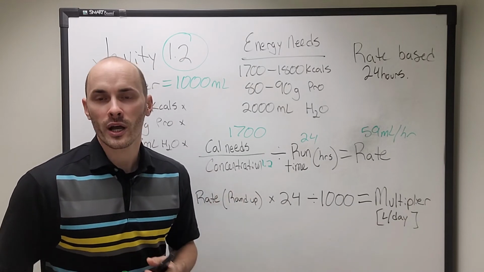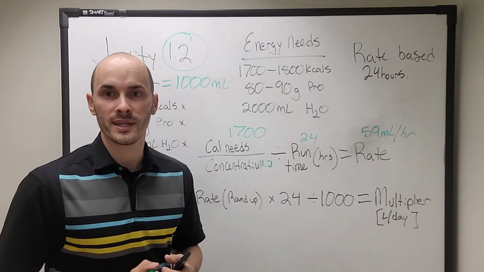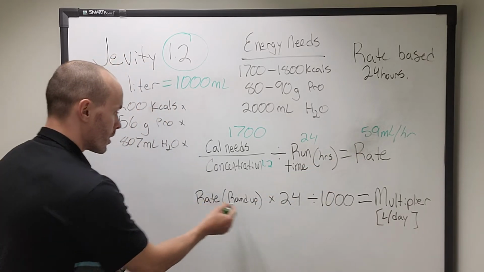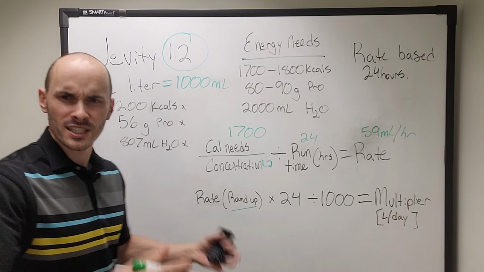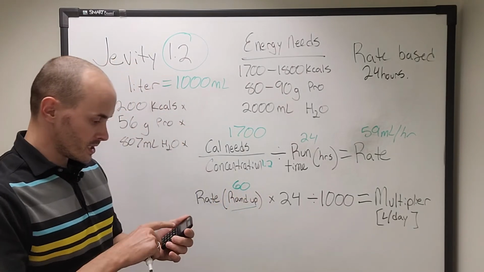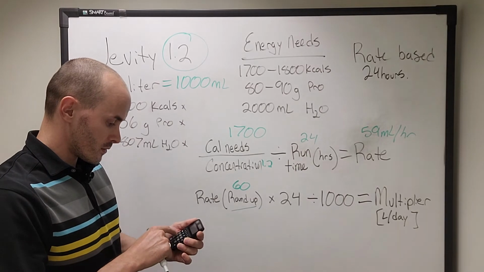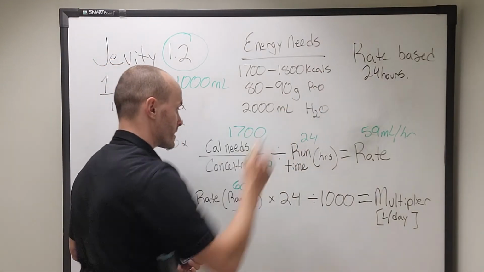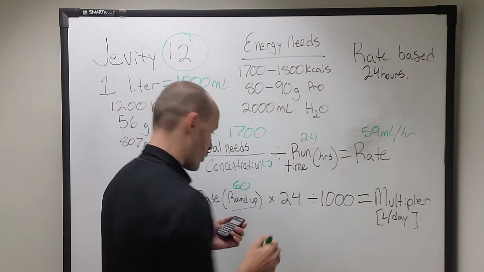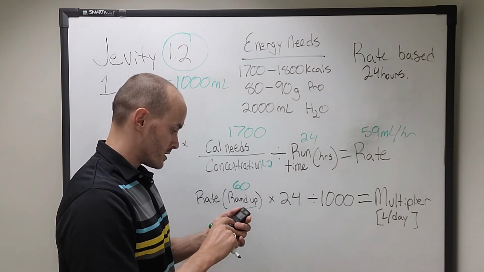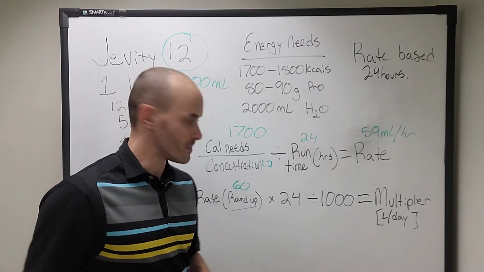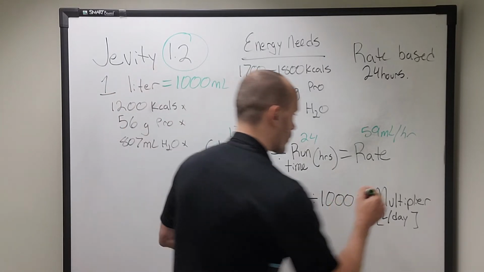But again, we're not going to write this nutrition recommendation using 59 milliliters per hour. We're going to round up. Let's round up to 60. So 60 mils an hour for 24-hour run time for our rate based is going to give us 1440 divided by 1,000 gives us our multiplier, which is 1.44.